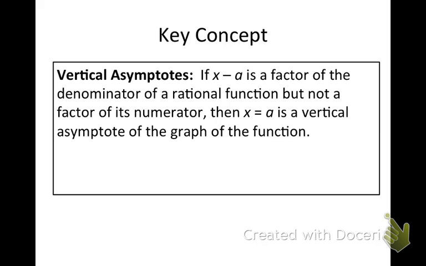So to find a vertical asymptote, if x minus a is a factor of the denominator, which we know how to factor denominators, we just did that with the domain problem. So if x minus a is a factor of the denominator of a rational function, and here is a very important note, but not a factor of the numerator. So that means we're probably going to need a factor of the numerator.